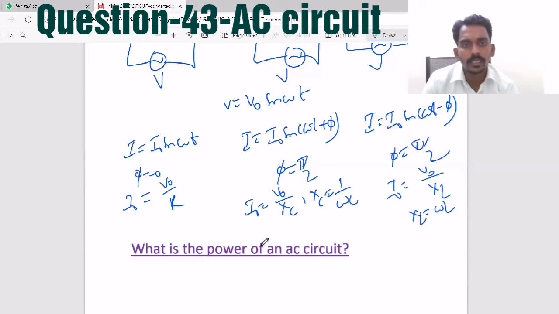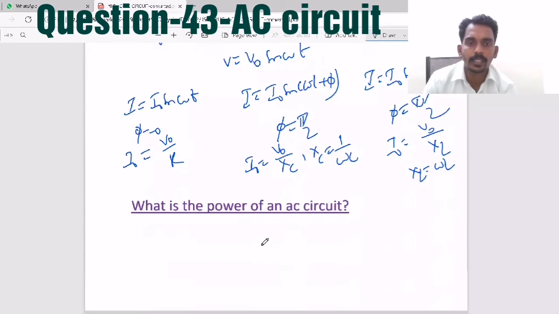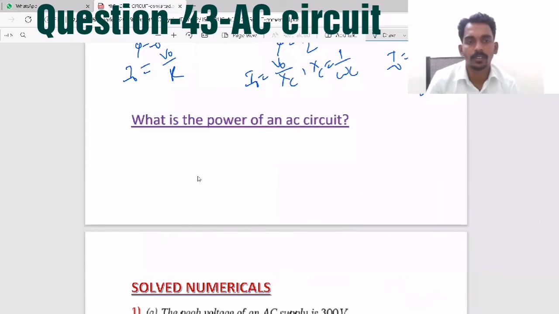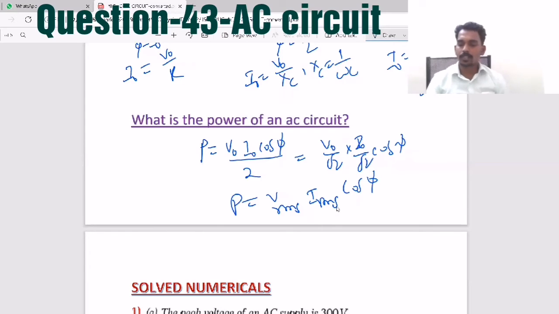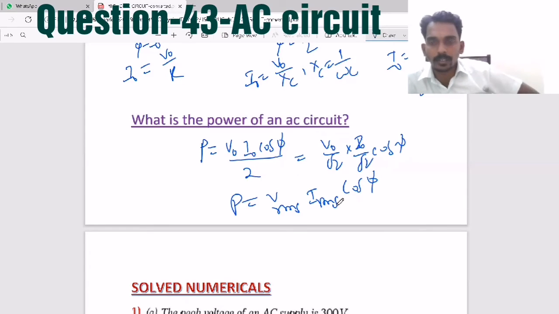And in every circuit, there is also power dissipated, and that power P equals V naught I naught cos phi. Or else I can write it as V naught by root 2 times I naught by root 2 times cos phi, nothing but Vrms into Irms into cos phi, where phi is the phase difference between voltage and current.